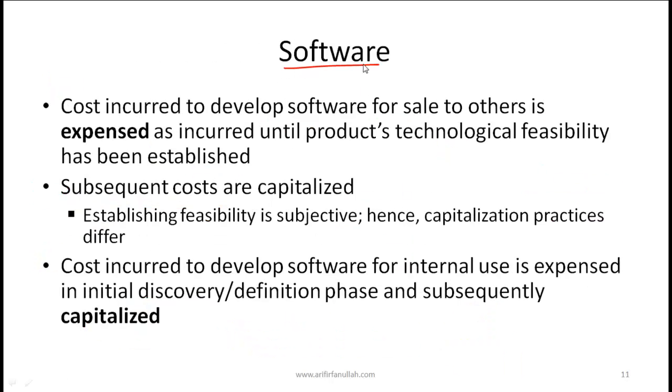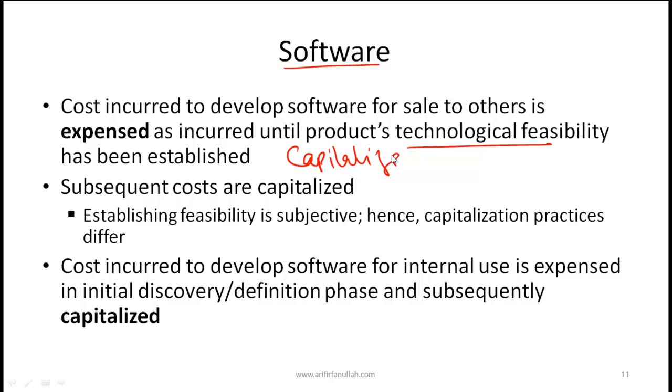A special case for software. Companies can either develop software for internal use or they can develop software for sale to others. Cost incurred to develop software for sale to others is expensed as incurred until the product's technological feasibility has been established. Once the technological feasibility has been established, then the firm can capitalize if it wants.